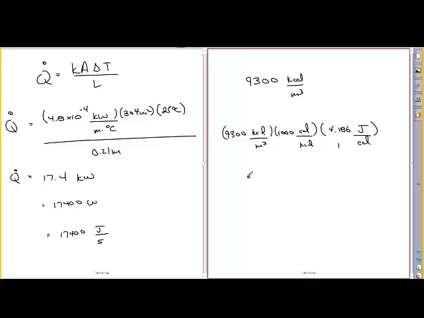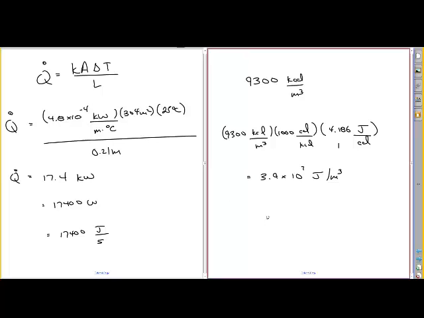So let's multiply that out. 9,300 times 1,000 times 4.186. So that is 3.9 times 10 to the 7th joules per meter cubed.